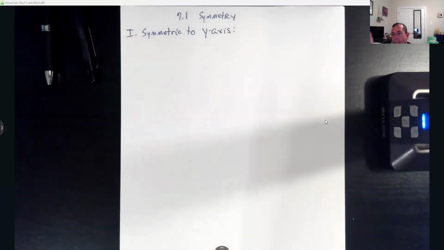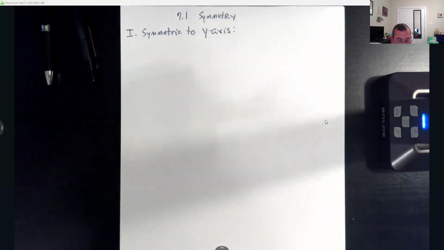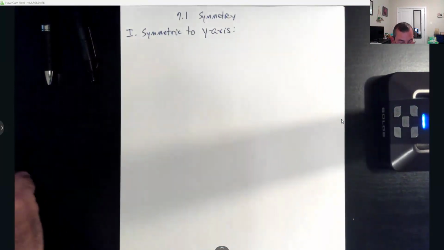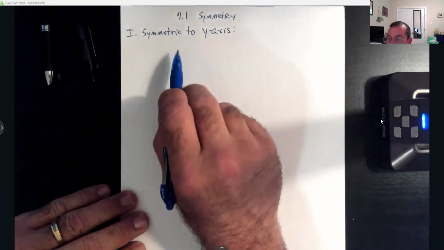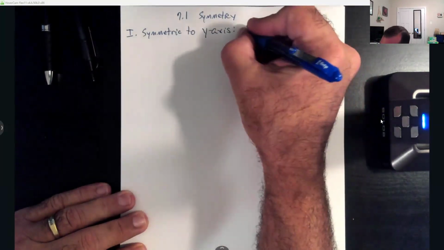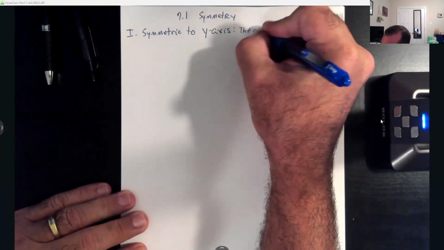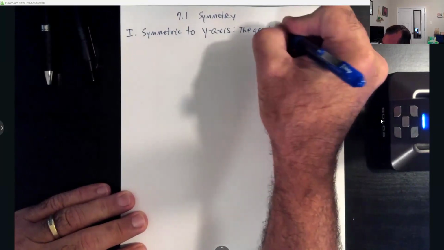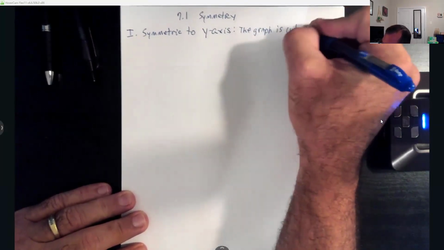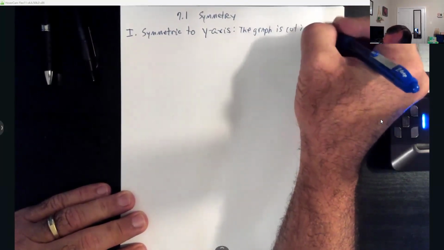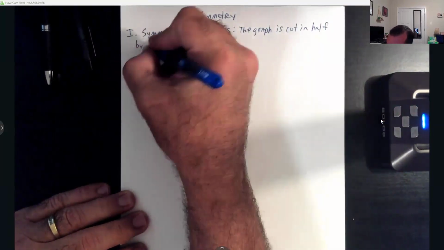And so remember, the y-axis is my vertical line. So what that means, if it's symmetric to the y-axis, the graph is cut in half by the y-axis.